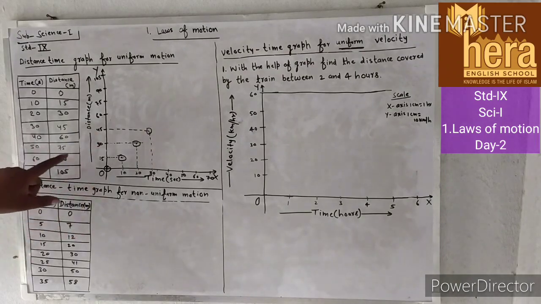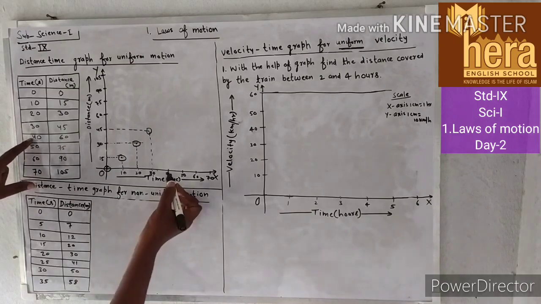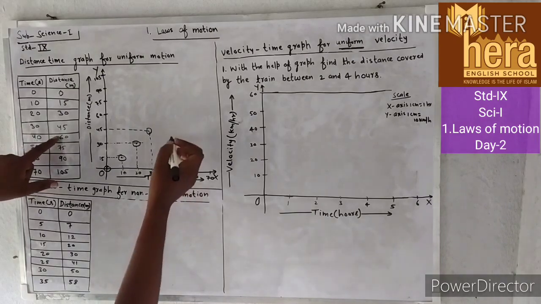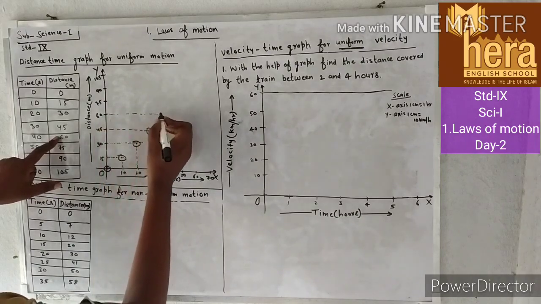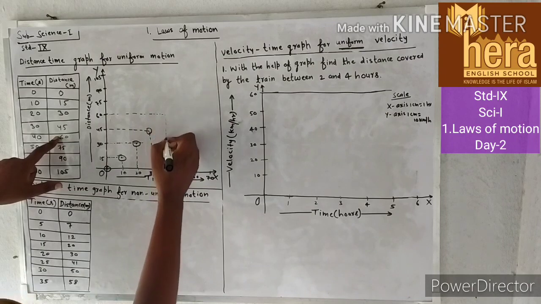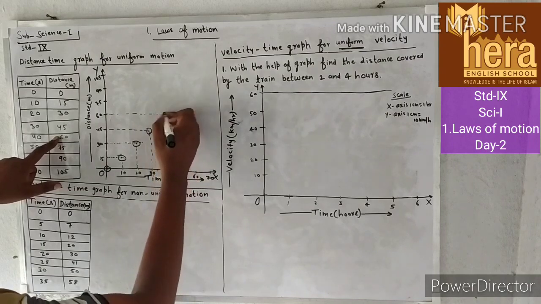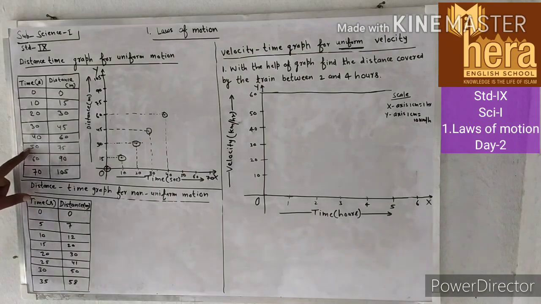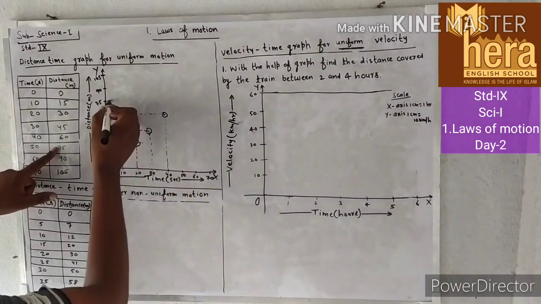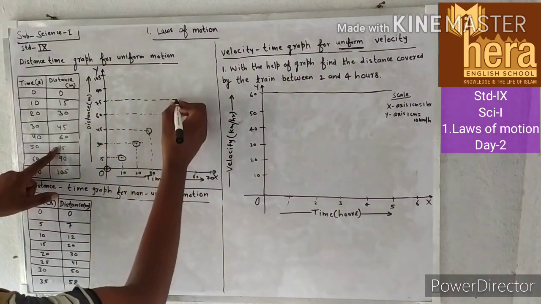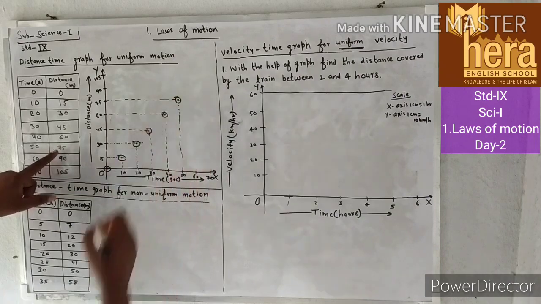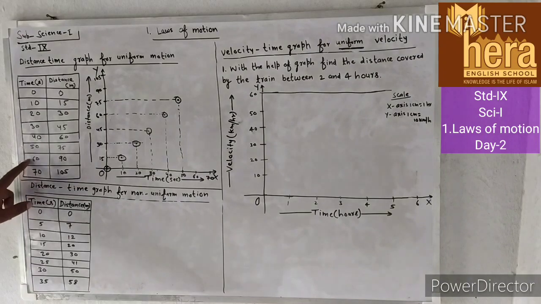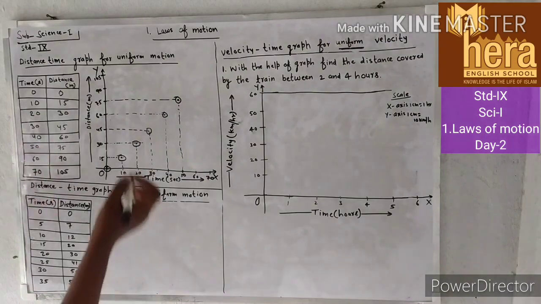Then 40 second, distance is 60. This one. 50 second, distance 75. 60 second, distance is 90.